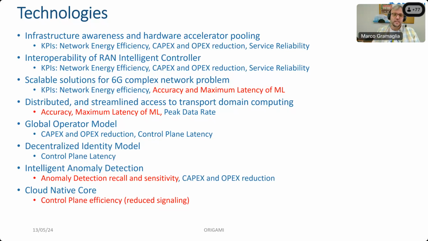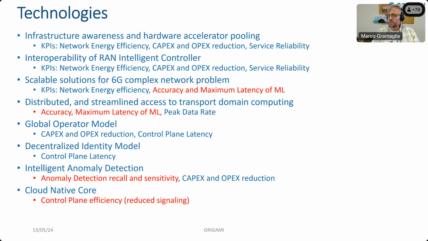And here, this is the first KPI which is basically going beyond the ones defined by the TMB, that is accuracy and maximum latency of machine learning. So one of the KPIs that we are measuring to validate our solution is basically the performance of the machine learning algorithm that we have.